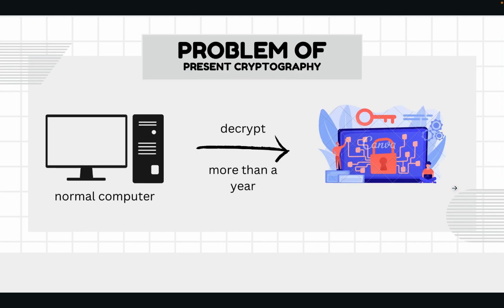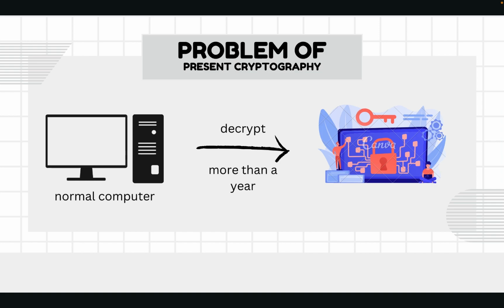So let's talk about the problem with the present cryptography that everybody uses in real life. Traditionally, cryptography systems, particularly those based on public key cryptography, rely on mathematical problems that are hard to solve with a classical computer.